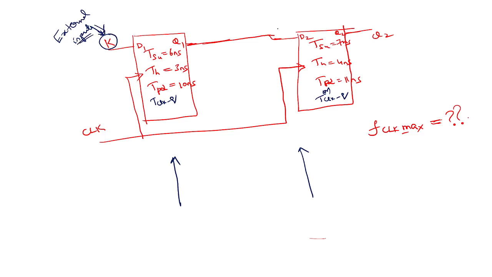Now, once you apply the clock, the new data will come here after 10 nanoseconds, right? Then for the data to be ready at this point, you have to wait for 7 nanoseconds. That is the setup time, 7 nanoseconds.